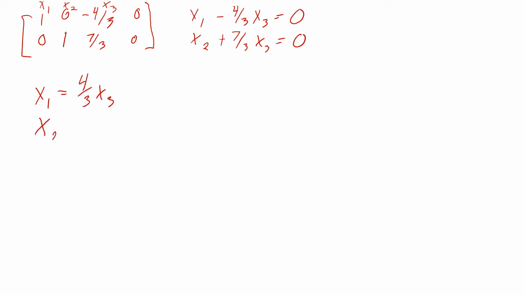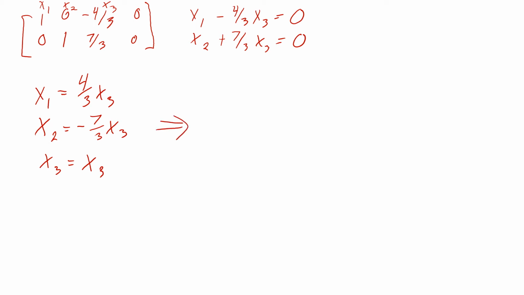We get that x2 is equal to negative 7 over 3 x3. And remember, we're looking for a vector x1, x2, x3. What does it say about x3? Well, x3 can just be whatever you want. It can be equal to x3. So this means that if you give me any number for x3, x1 and x2 are set by these equations.